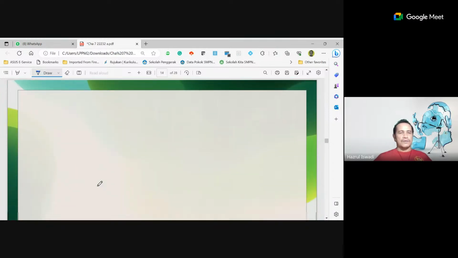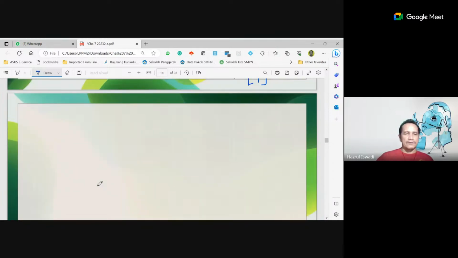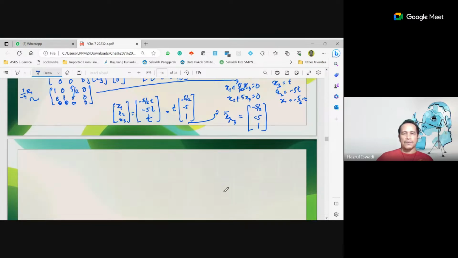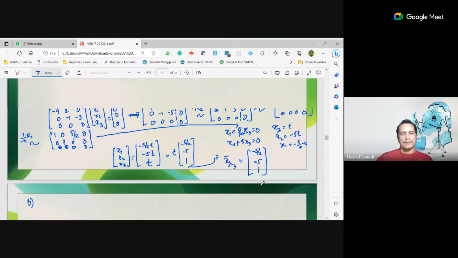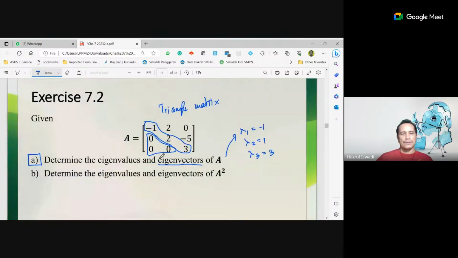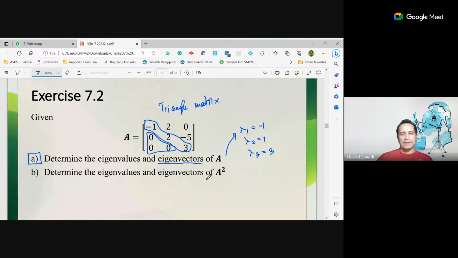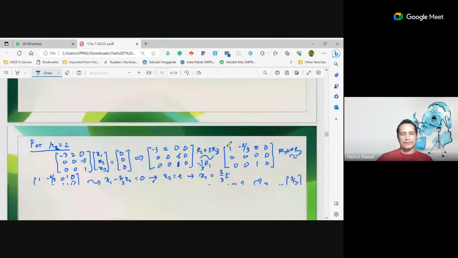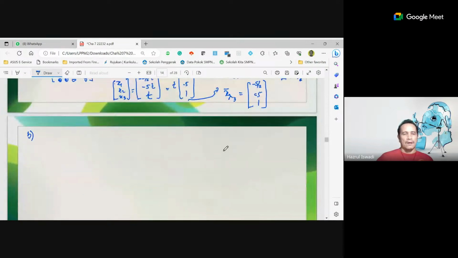Okay, before we summarize, let's go to part B first. Determine the eigenvalues and eigenvectors of A squared.